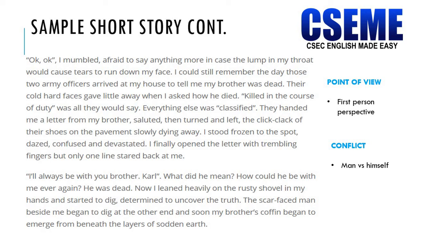Is it my brother who is really in this casket that we buried? Because of that struggle, we see the character going through the stress and concern of digging up his brother's grave.